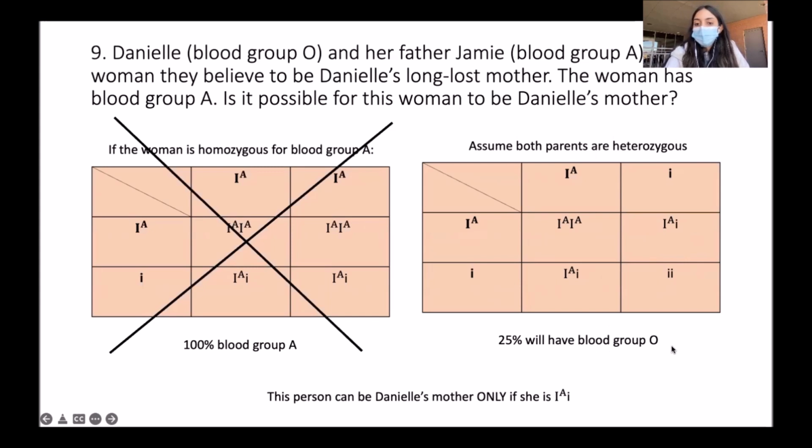So we can say, yes, this woman can be Danielle's mother, but only if she has this genotype. So A, O, okay?